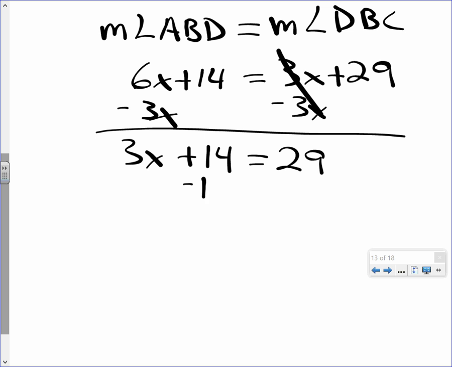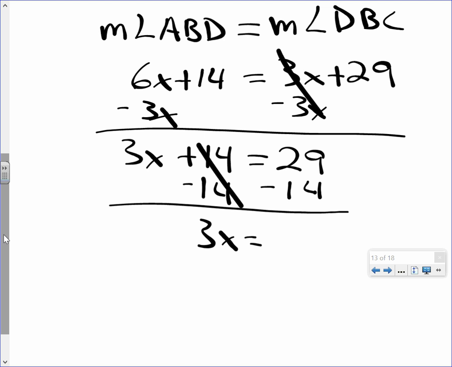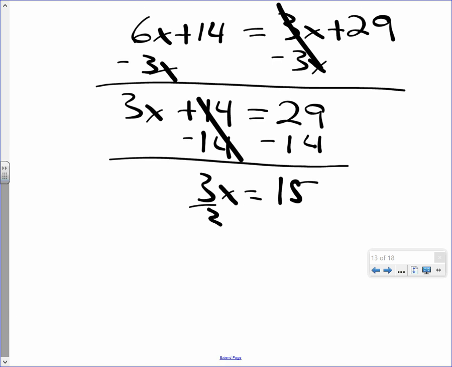Let's subtract 14 from both sides. Bye-bye to this. I've got 3x equaling, I have no clue, 15 sounds good to me. And then let's divide by 3. x is 5. What was the mission? All right. We're happy. We're done. Mission accomplished.